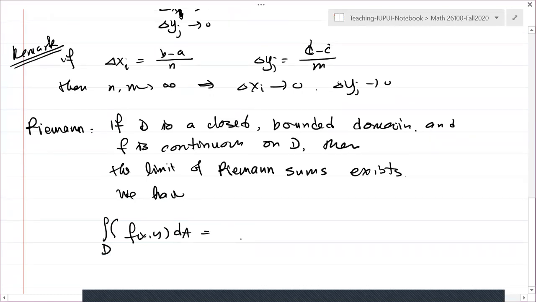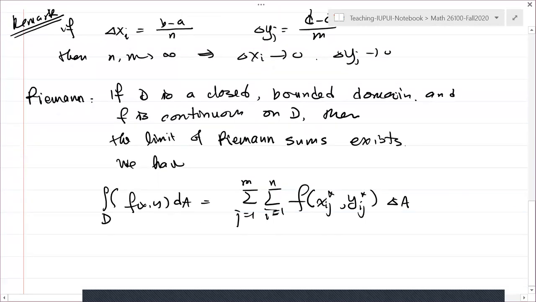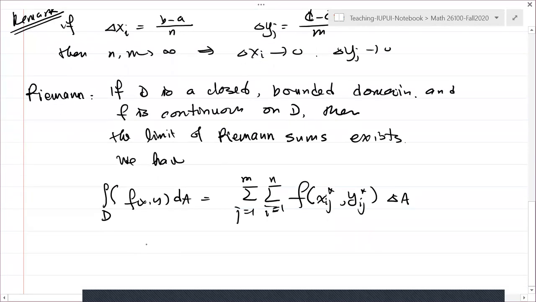You can choose those special Riemann sums, the sum over i from 1 to n and j from 1 to m of f at (xi star, yj star) times delta A. Here I choose a special one.